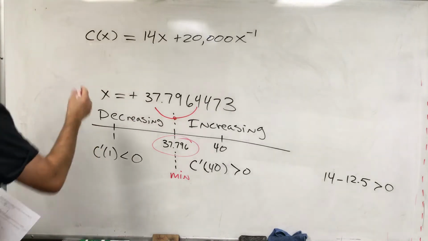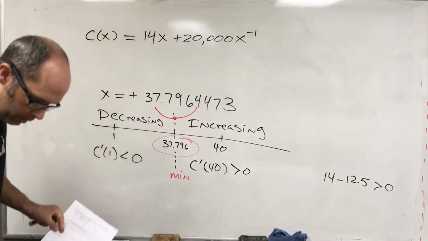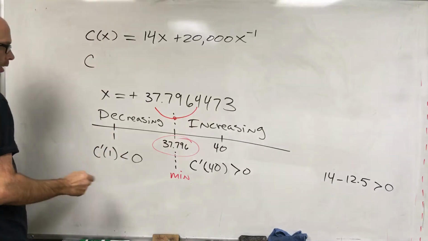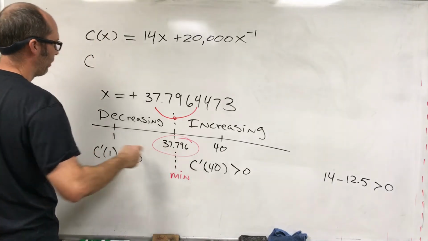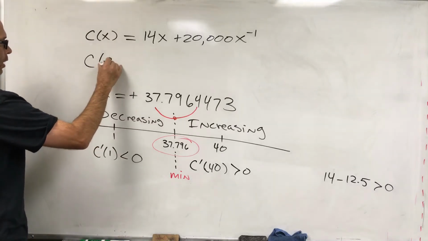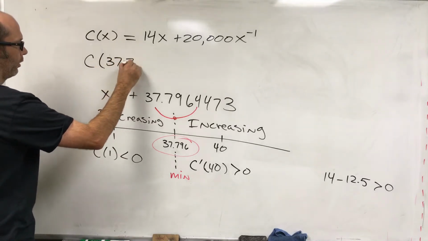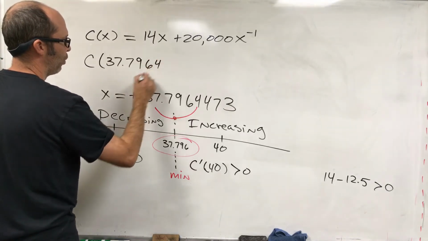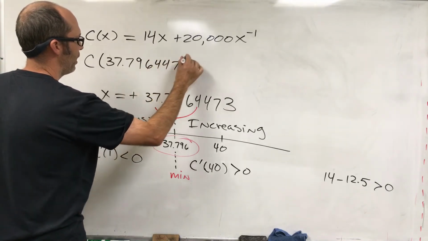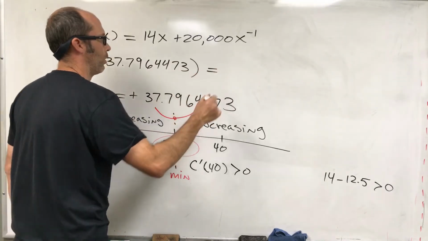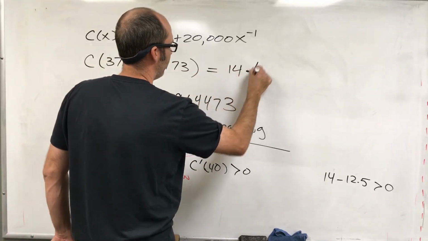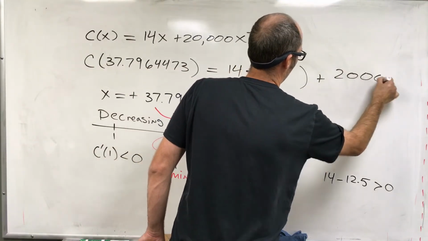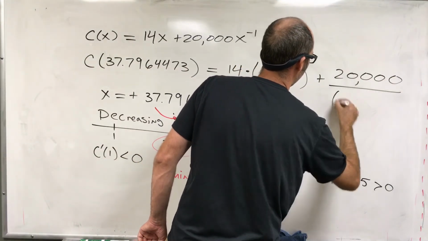Our minimum cost, this is cost in terms of x. We know that this gives us a minimum cost, so C of 37.7964473 is 14 times this number plus 20,000 divided by this number.